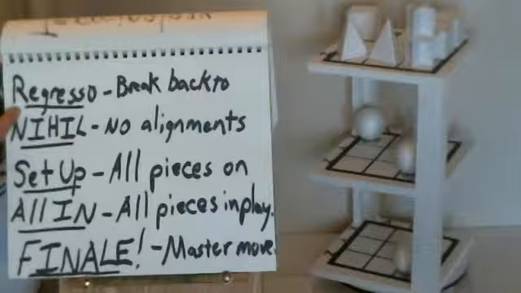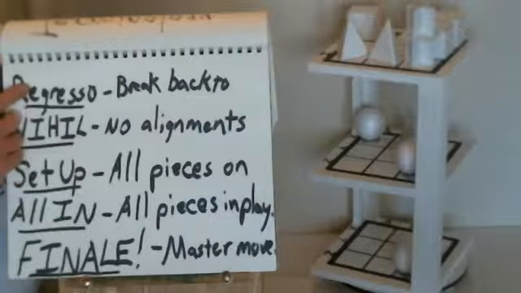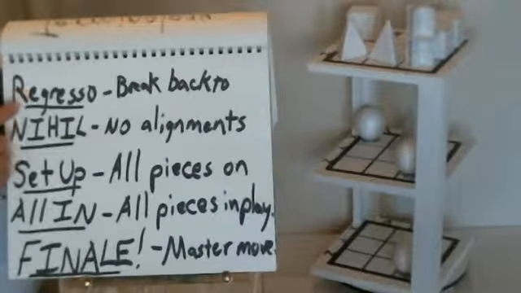If you had one alignment and you went back to having zero, you would say regresso a nihil. Nihil is the state of having no alignments at all. So regresso a nihil, regresso a Vidi, basically just means I'm going back. And then of course nihil means that I don't have anything.